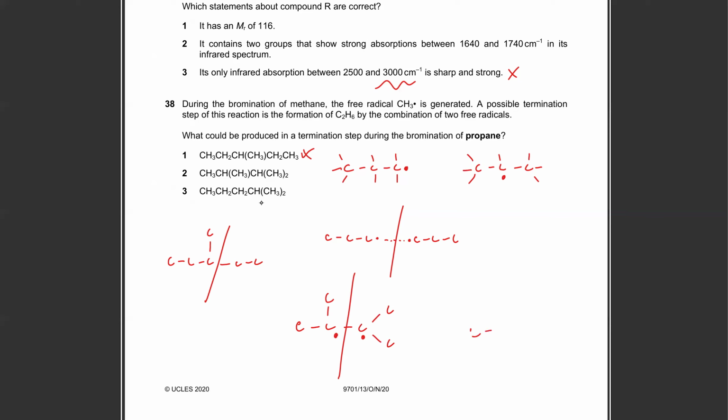Methyl, then another C, and then C and C. So I can split it into two propyl radicals. This one would be the radical, and this one would be the radical, and they're joining up. That's what's going to happen. So this one is also possible.